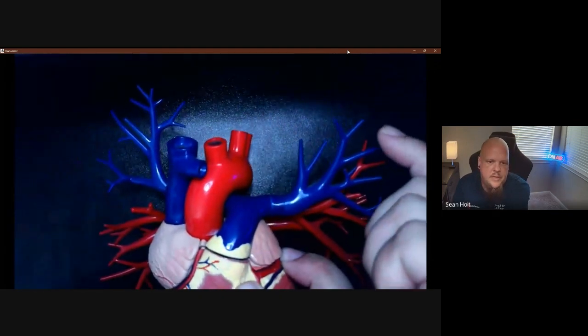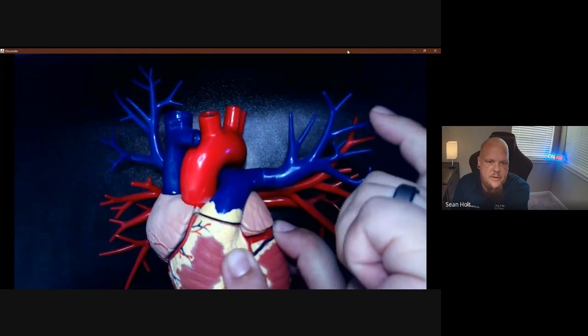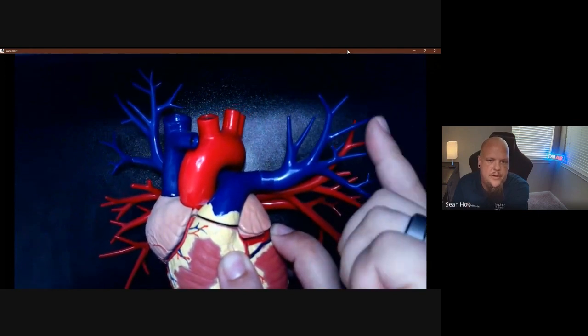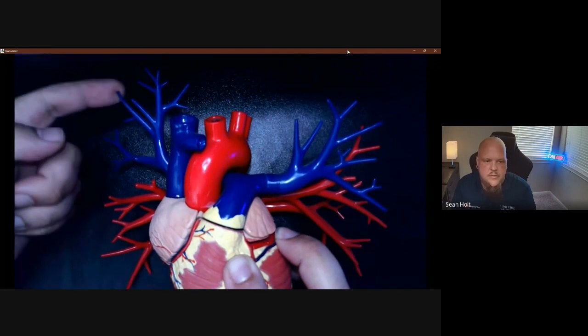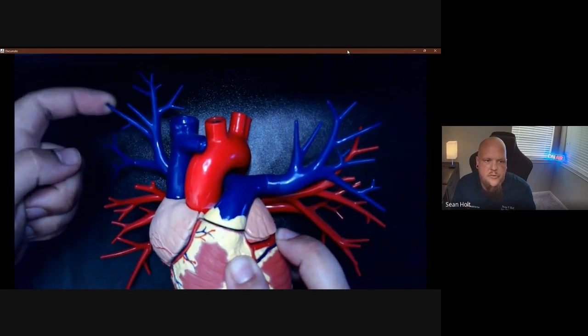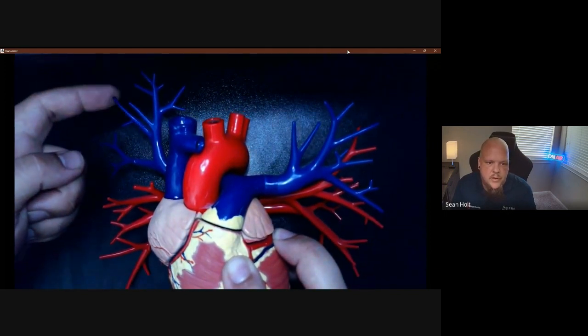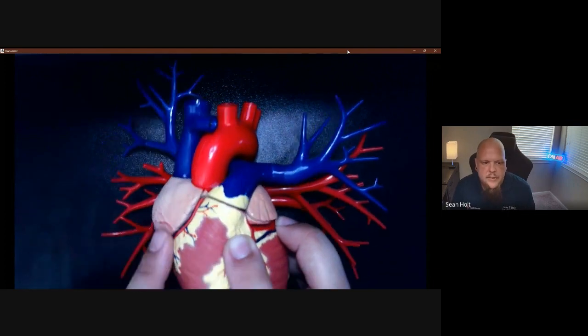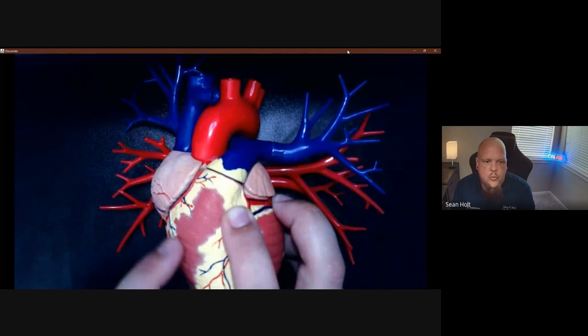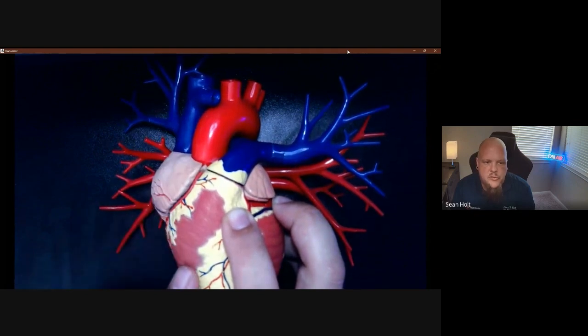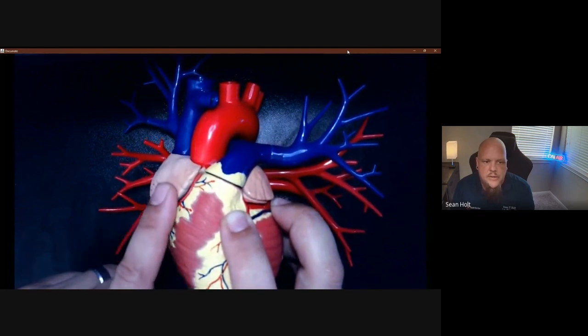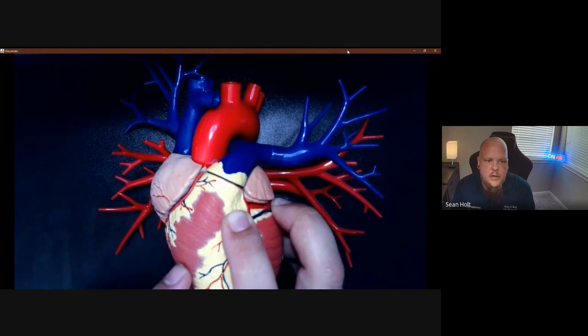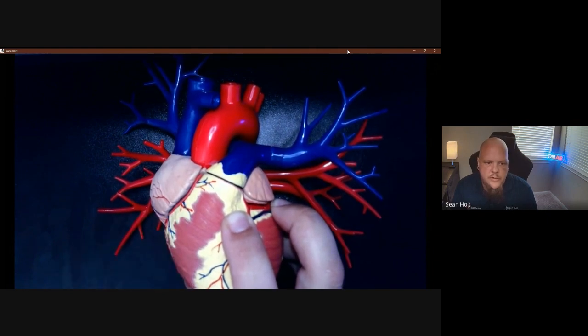Looking at the anatomic position, these are the left pulmonary arteries. This is the right pulmonary arteries going into the right lung, okay? They're carrying deoxygenated blood from the right side of the heart, right? It just came from the body, has used up all the oxygen, and has plenty of CO2 in it to be refreshed and gotten rid of.